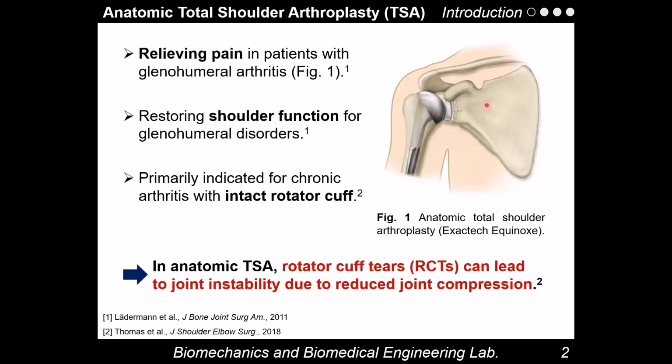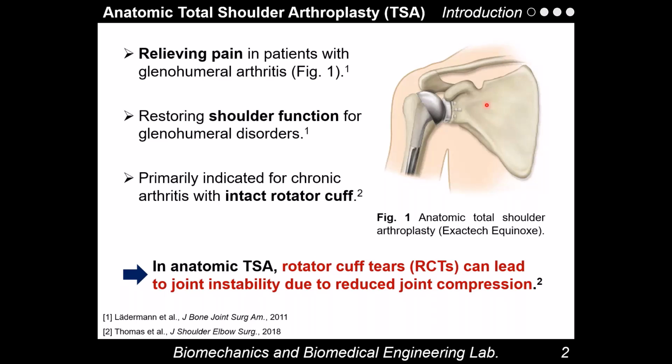The anatomic TSA has been shown to achieve better clinical outcomes in patients with chronic arthritis and an integral rotator cuff. The reason for this is that anatomic designs depend on joint compression generated by the rotator cuff.